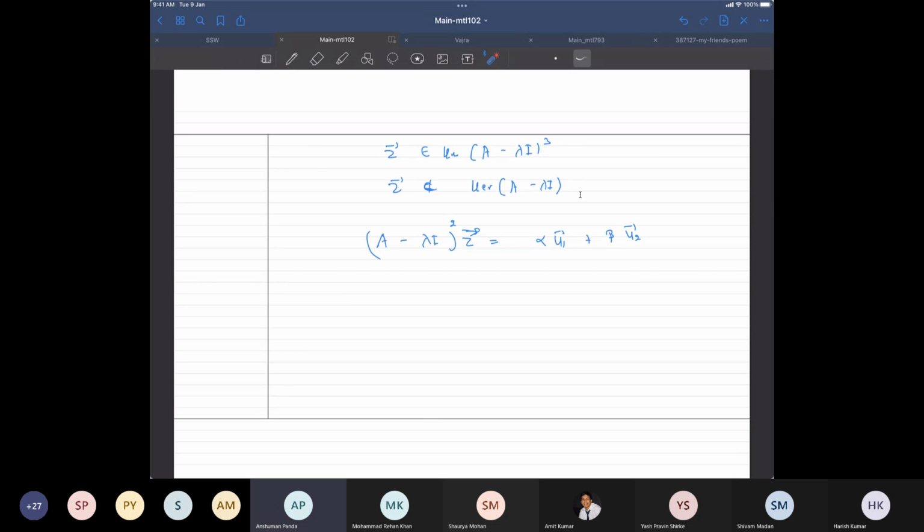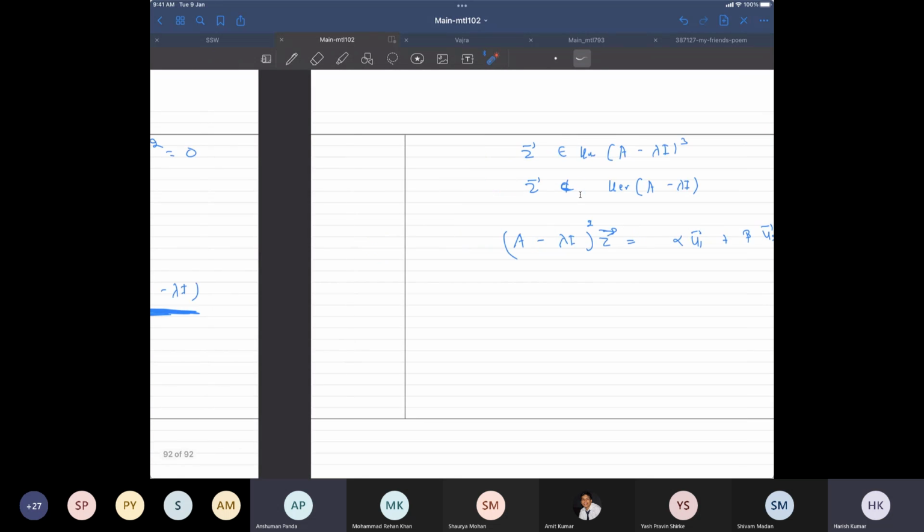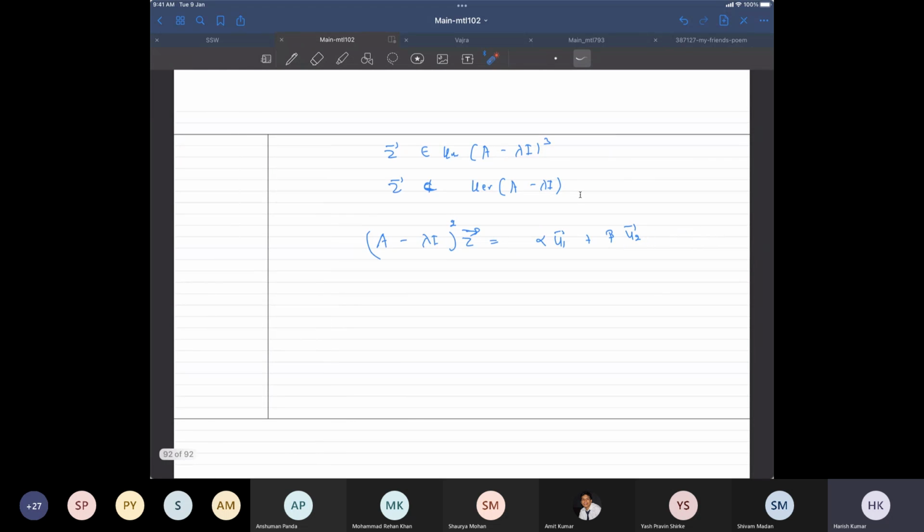Yeah, I don't think we can find an index 1. It's not necessary. If you find index 2, you can always find index 1. Yeah, right. Okay, so that is not an issue. So from that, if you get that this is index 2, then you can just multiply this by A minus lambda Z and let's call it Z1. This will be index 1.